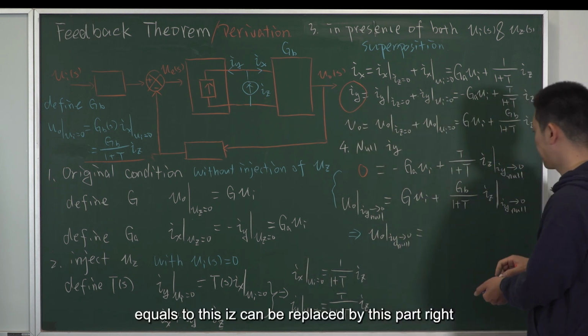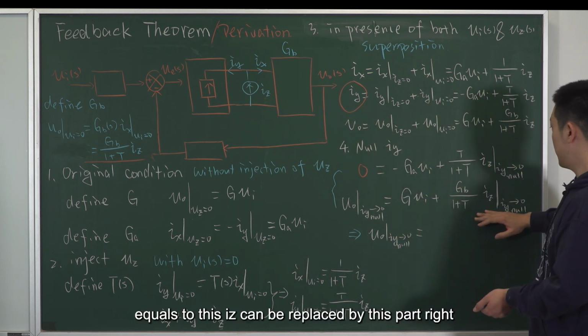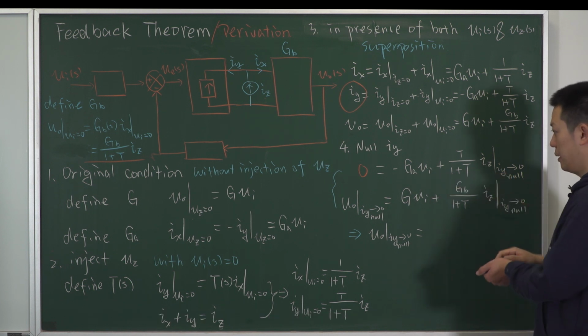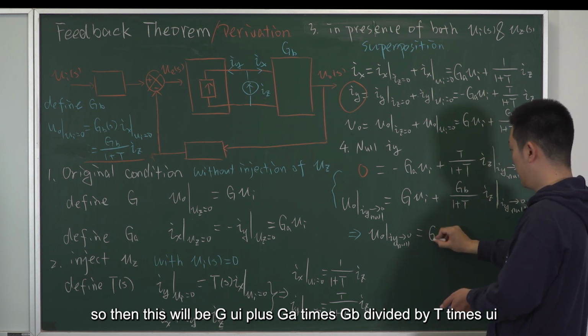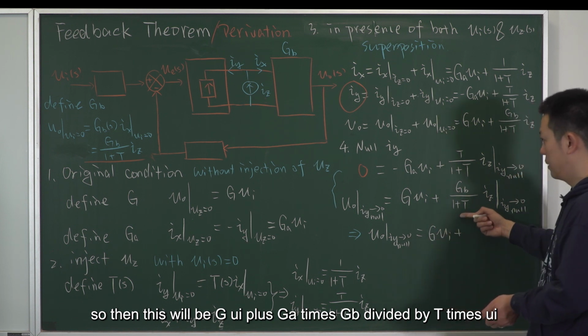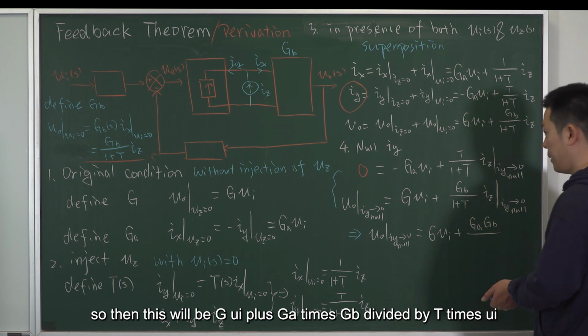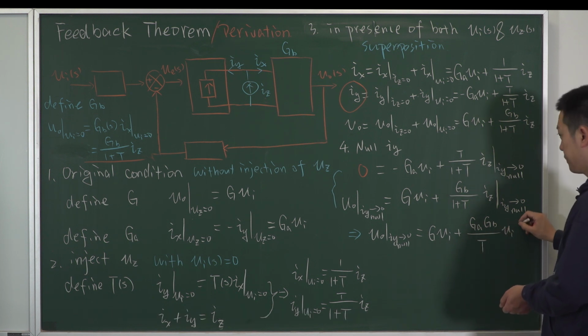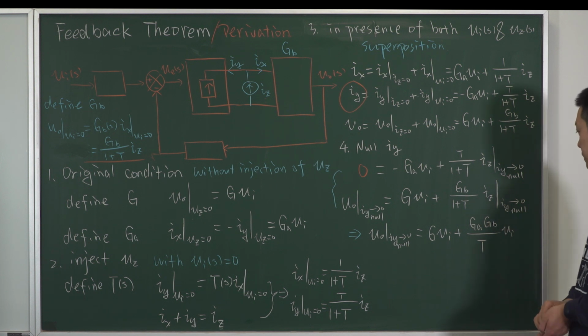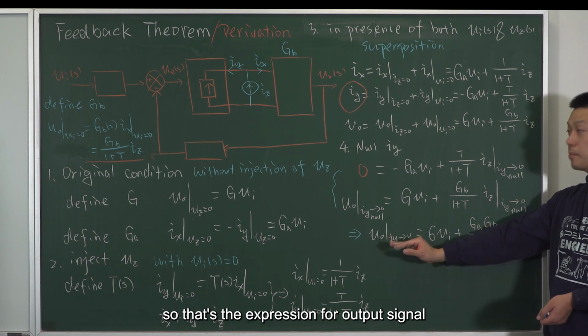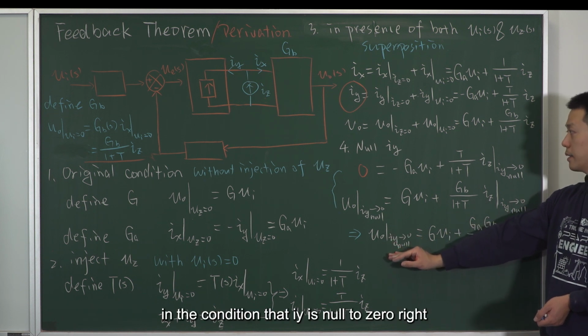So this Iz can be replaced by this part, right? So then this will be G times UI plus GA times GB divided by T times UI. So that's the expression for output signal in the condition that Iy is nulled to 0, right?